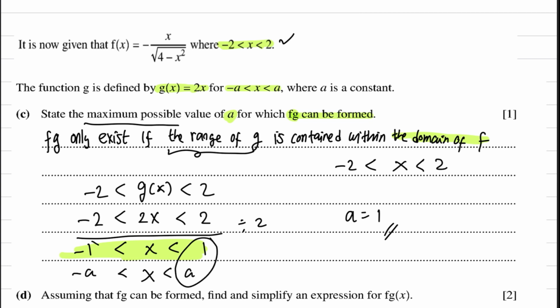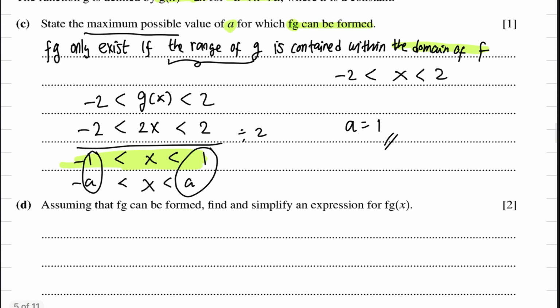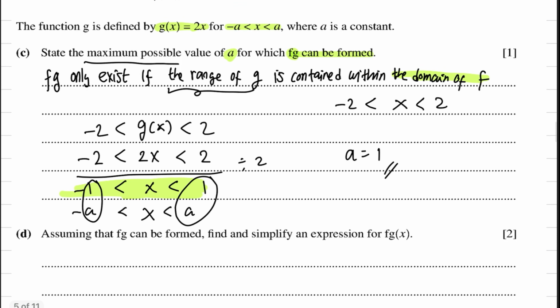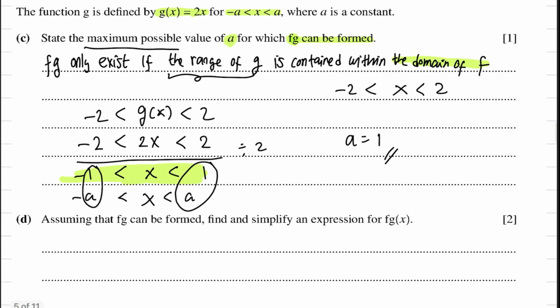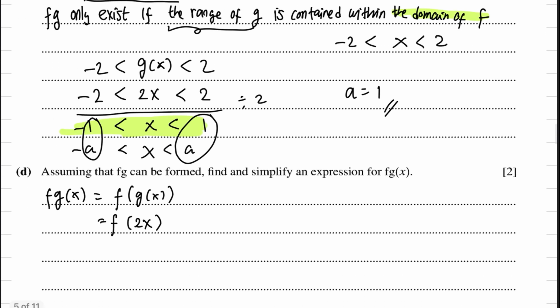Now, assuming that fg can be formed, find and simplify an expression for fg(x). So we just substitute. fg(x) means f of g(x), and g(x) is 2x, so f of 2x.